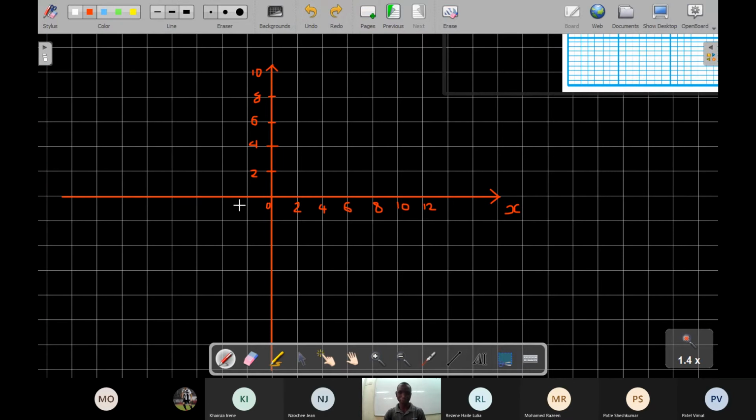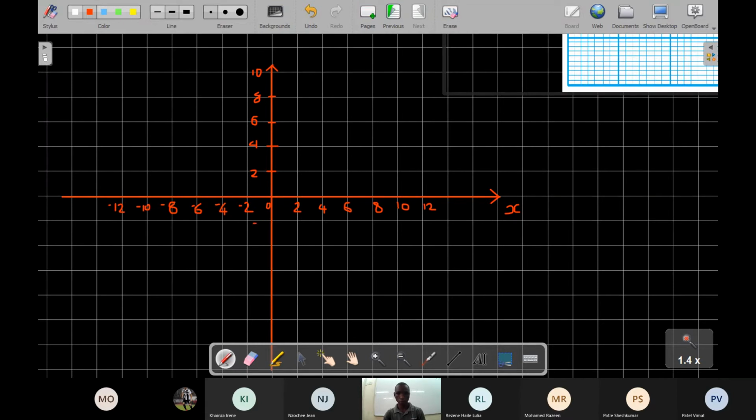To the scale of 2. Okay, so this is negative 2, this is negative 4. It has to be uniform on the horizontal. This is negative 6, negative 8, negative 10. Okay, negative 12. I think that is enough.